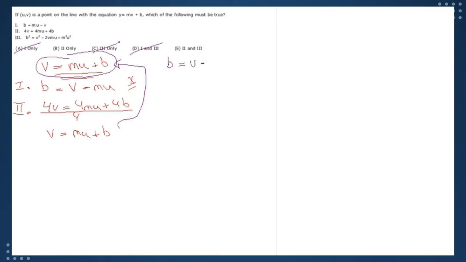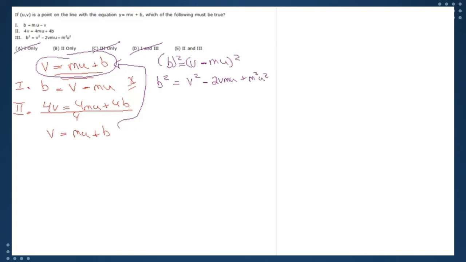And what we're going to do is square both sides like this, and see if they match up. Essentially what we're doing is a FOIL, where we have b squared equals v squared minus 2vmu plus m squared u squared, and what you find is it does equal it.